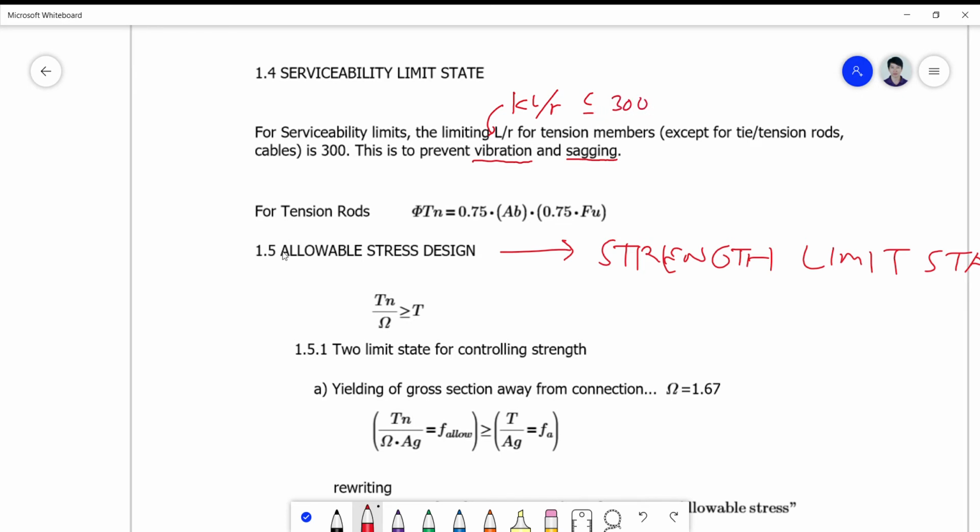So only an additional note here for tension members are provided.